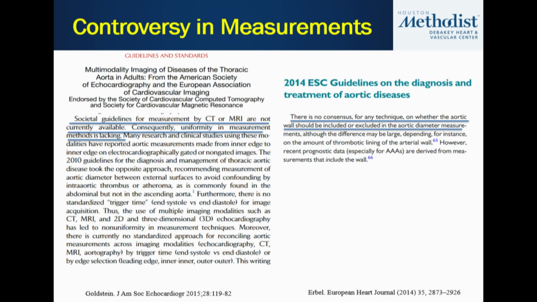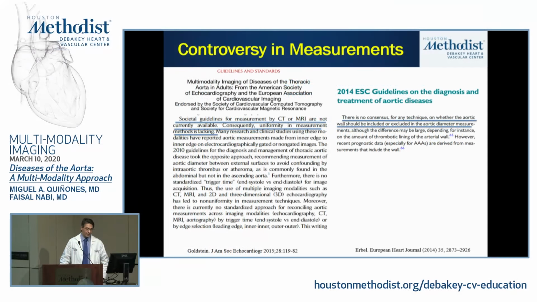Well, both guidelines, here, again, the 2015 update and then the 2014 ESC guidelines on the diagnosis of aorta, both of them clearly state, unfortunately, that when it comes to CT and MRI, societal guidelines are currently unavailable. Consequently, uniformity in measurement methods is completely lacking.